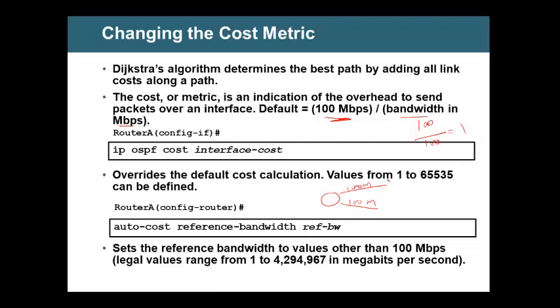Cost is 1 here, cost is 1 here. So to reach the destination 1.1.1.1, the cost is the same on both paths, FastEthernet 0 and FastEthernet 1. Equal cost load balancing will happen. You don't need to do any extra configuration for equal cost load balancing.